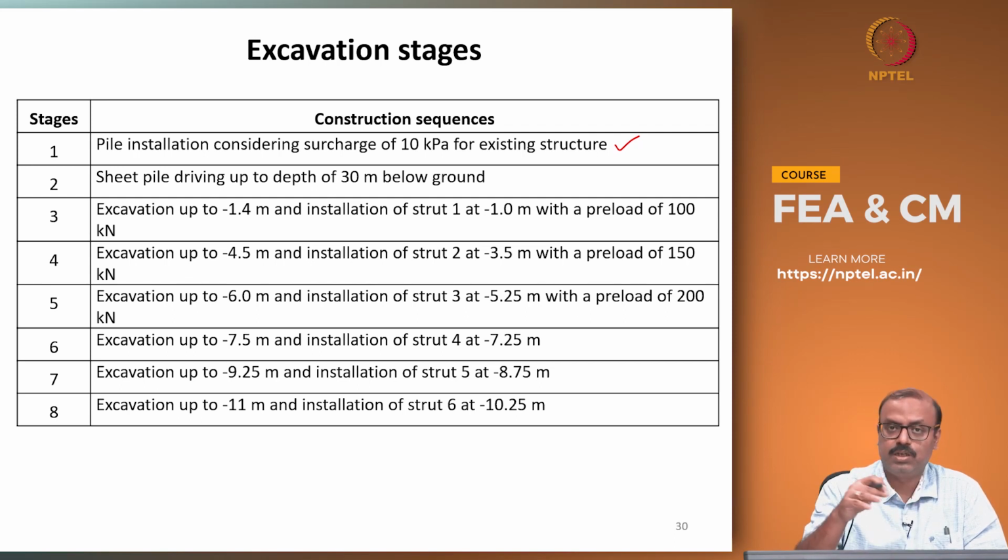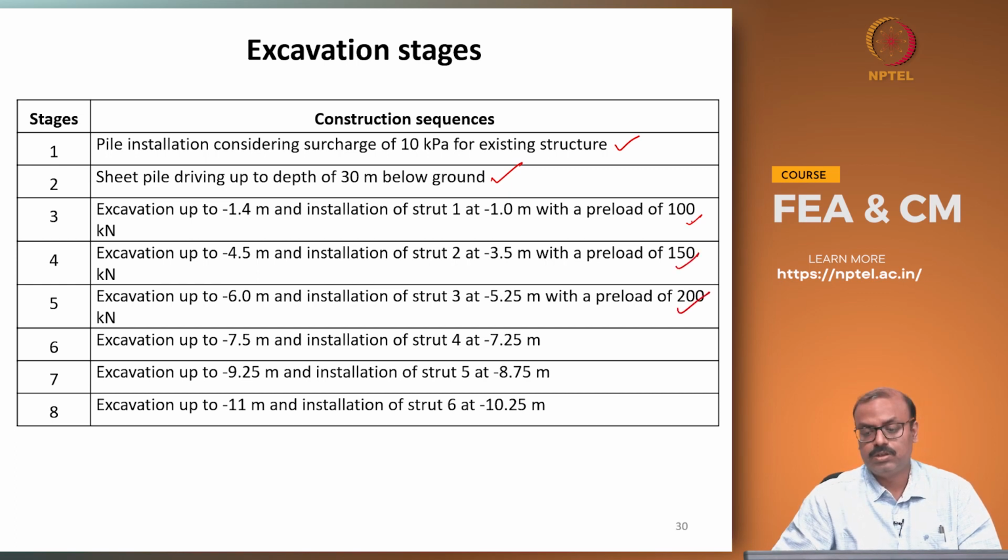Of course, later we will cut them up to the excavation level, then we will drive the sheet piles, then we do the excavation up to minus 1.4 meters, then we install the strut and preload it, and then a similar thing is repeated up to 6 meters, where strut 1, strut 2 and strut 3 are installed.